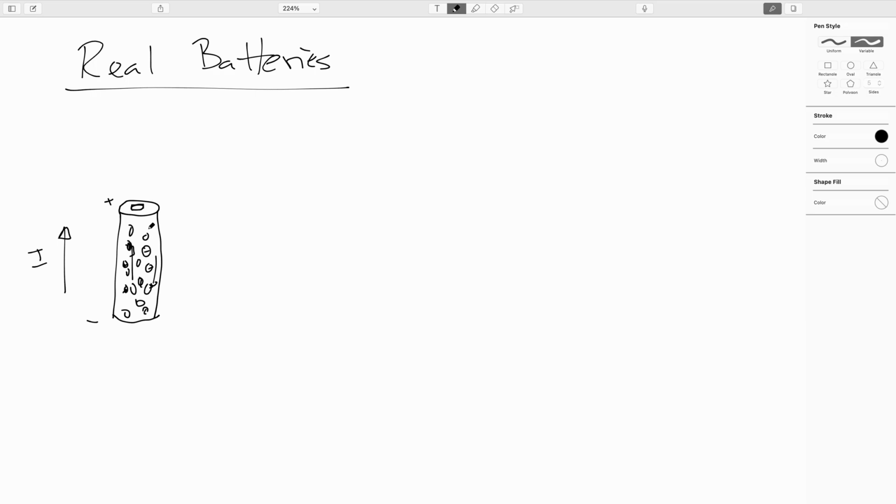So the way we can model this, though, turns out that we can just replace this mentally with an ideal battery, an ideal EMF source in series, so just connected directly to its internal resistance. And we usually use lowercase r when it's an internal resistance that we're modeling.